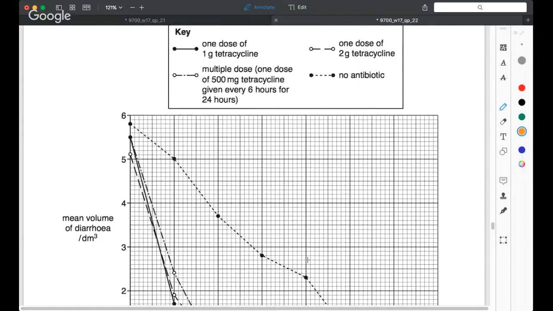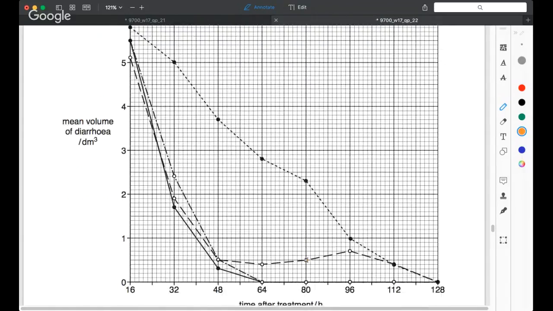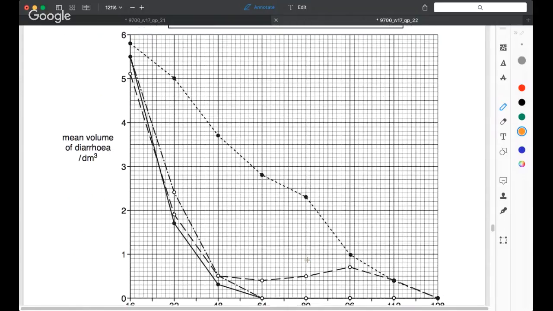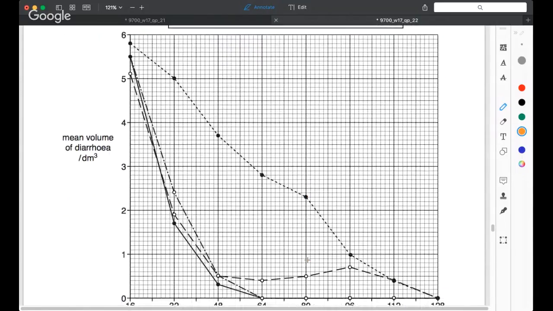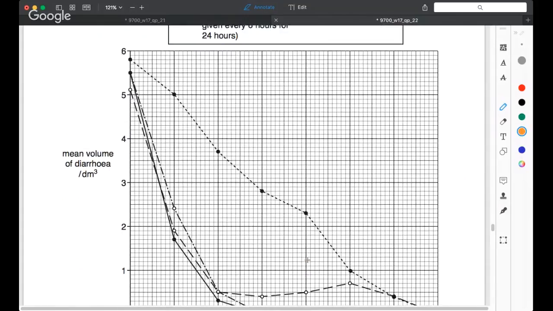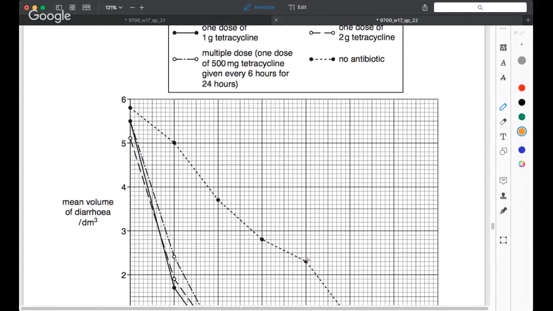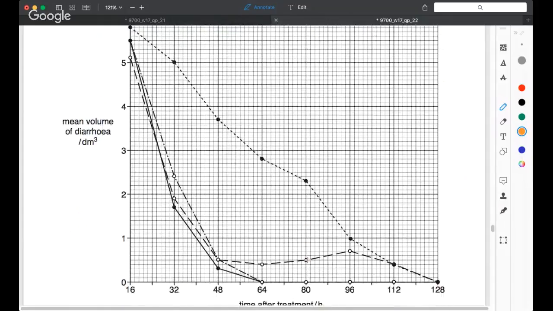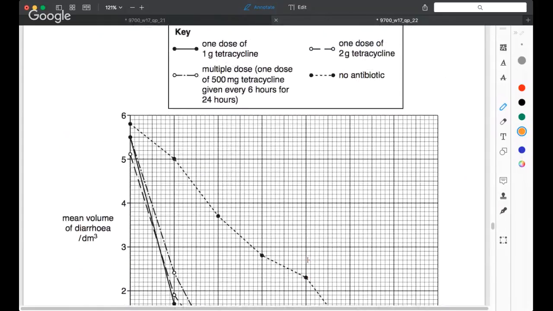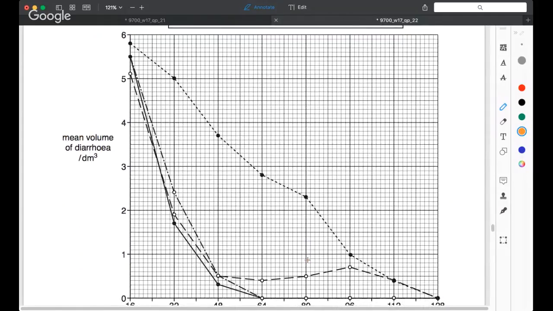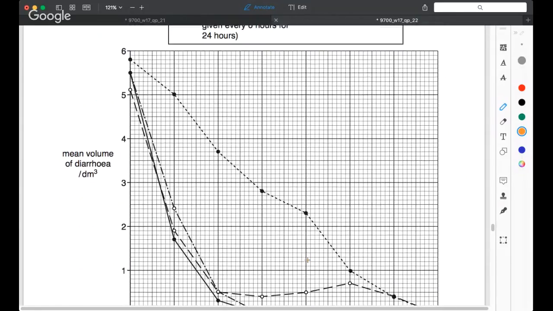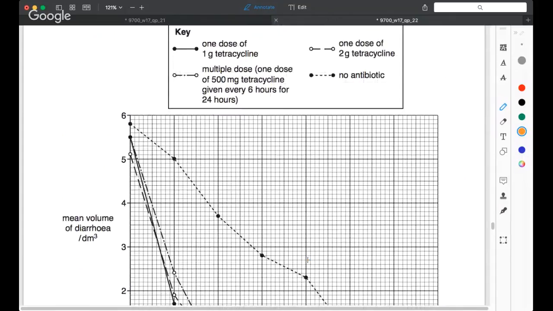Double check, look at the lines. Multiple dose, so multiple doses is the line with the dots, a broken line with dots. So that one's going down to 0, and the 1 dose. Good.